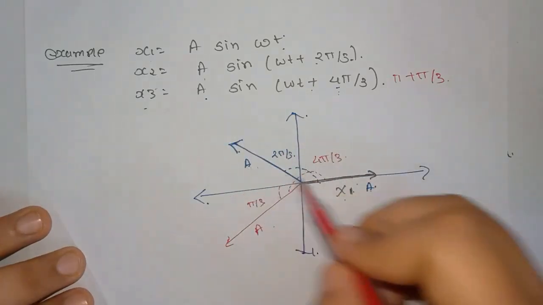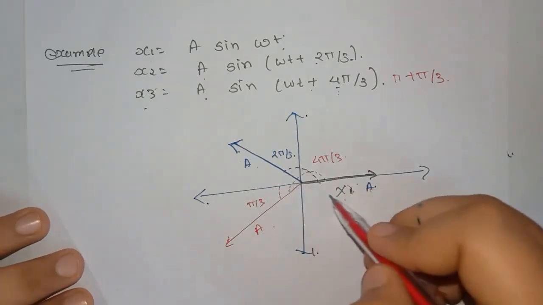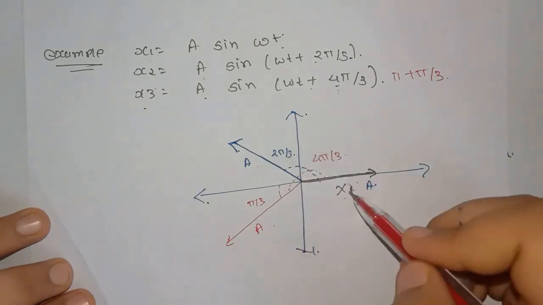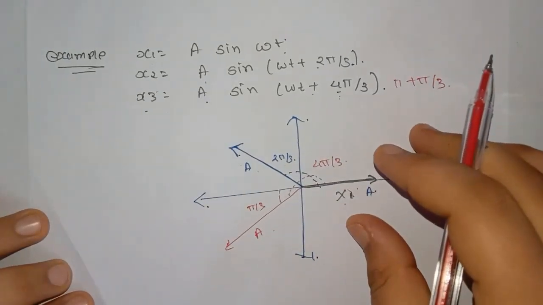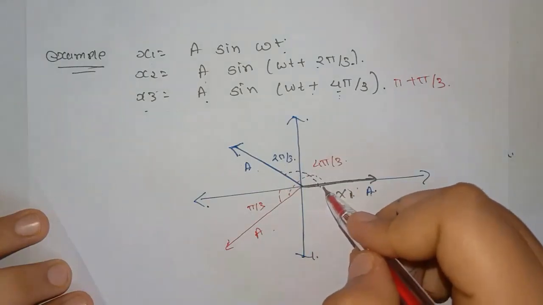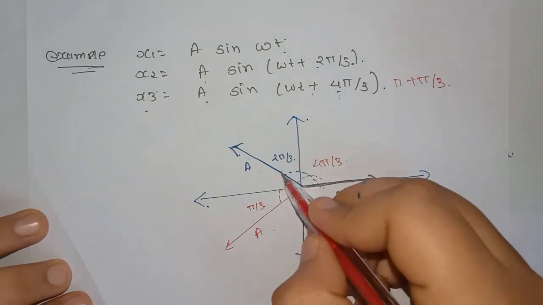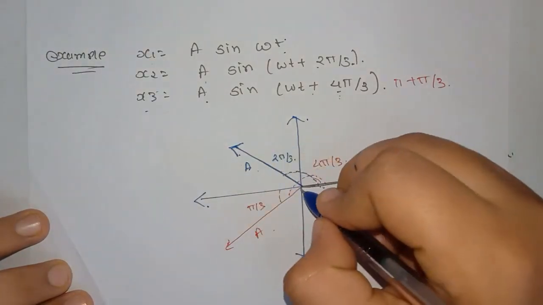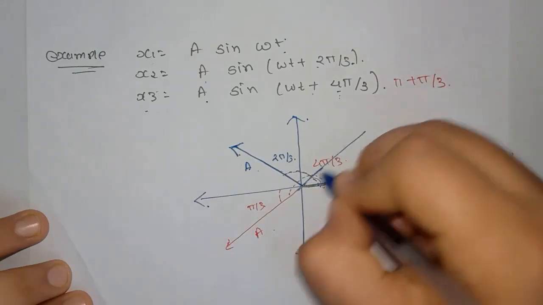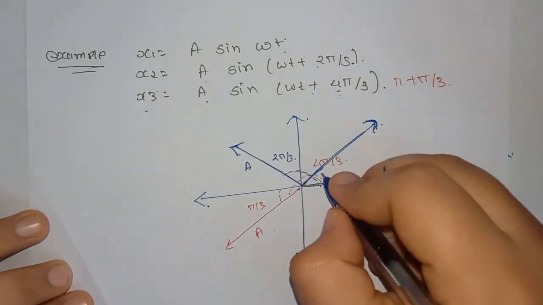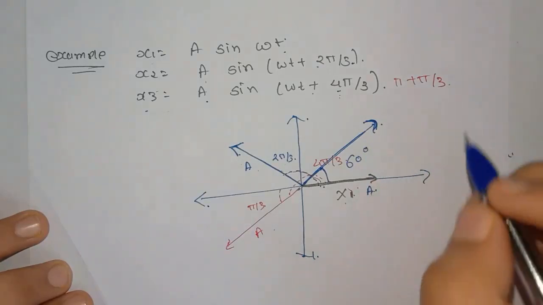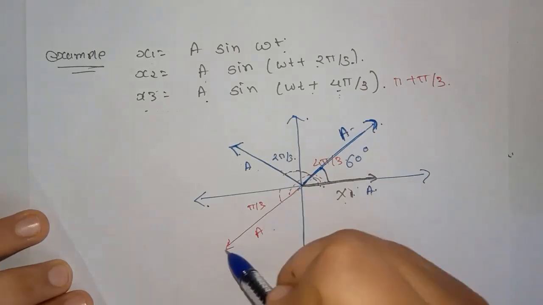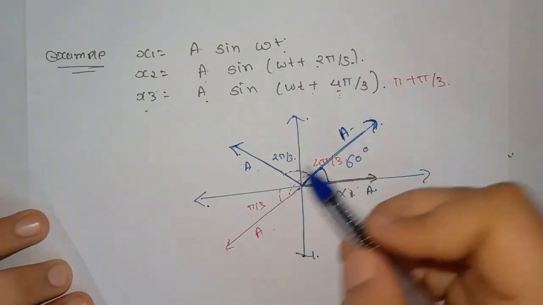The resultant of these two, as the angle between them is 2π/3, that is equal to 120 degrees, will also have the same magnitude, and it will be along the angle bisecting line. As this is 120 degrees, the resultant will be at 60 degrees, and it will also have the same magnitude A. This A and this A are in opposite directions, so they'll cancel out each other.